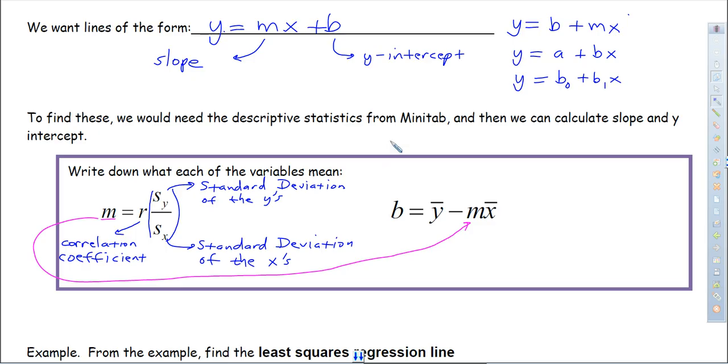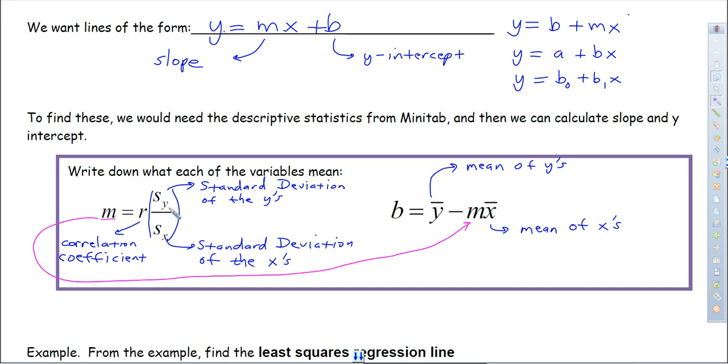And let's go back again, and this is our y-intercept equals y bar, the mean of the y's, minus m times x bar, which is the mean of the x's. Now, let's go back again. Remember, slope is rise over run, and what do we have here?